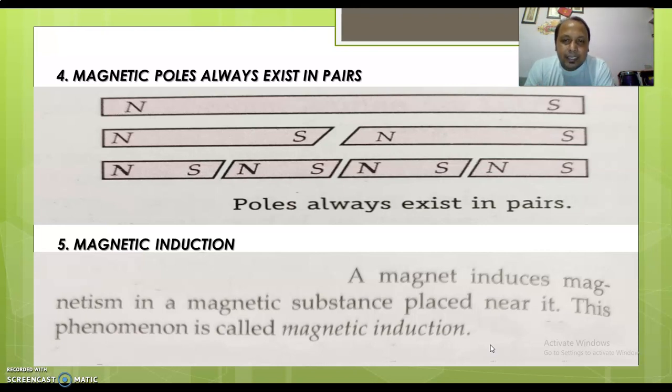So magnetic property is gained by a magnetic material when it is brought in a magnetic field near a magnet. This phenomenon of induction of magnetic property in a magnetic material when it is taken near a magnet is known as magnetic induction. Okay, so I hope this is clear.